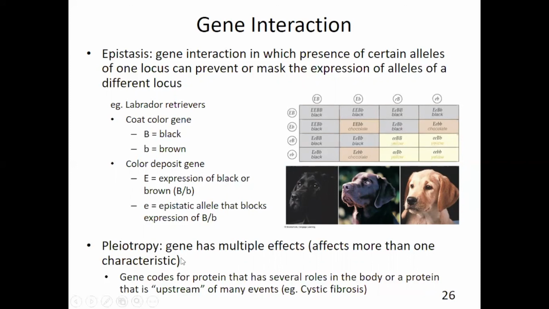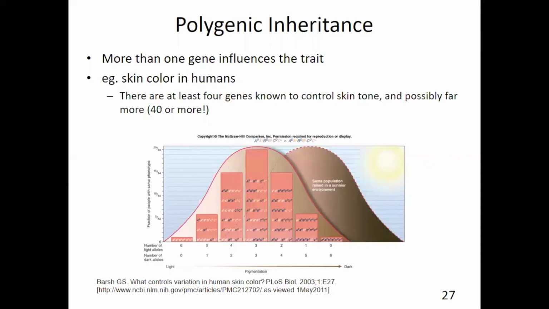Pleiotropy is when one gene has multiple effects. An example of this is cystic fibrosis. Polygenic inheritance is when there is more than one gene that influences one trait. This is quite common in humans, and one example is skin color.